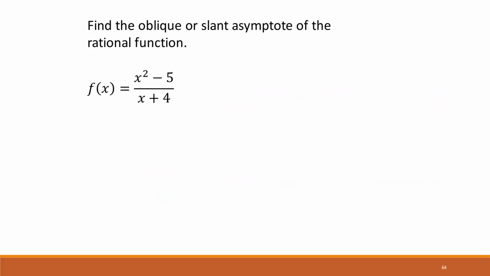We want to find the oblique or slant asymptote. We know that we will have one here because when we look at this degree here, 2 is greater than 1. The numerator is greater than the denominator. To find this one, we can use that division that we've been talking about in the previous lecture.